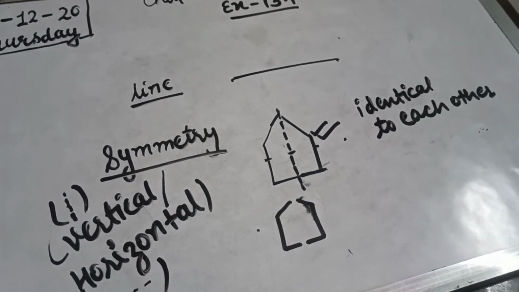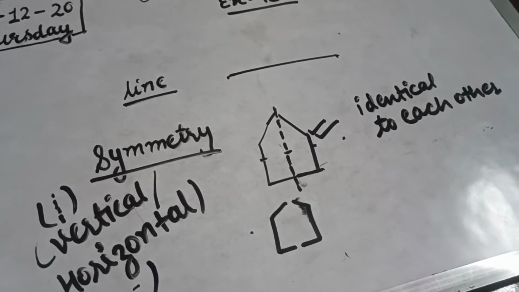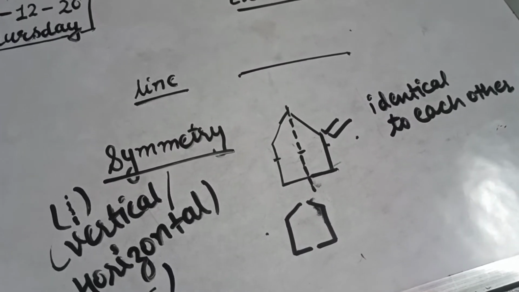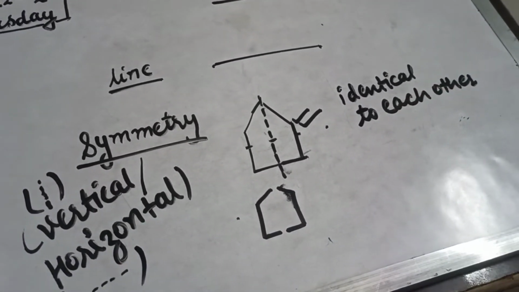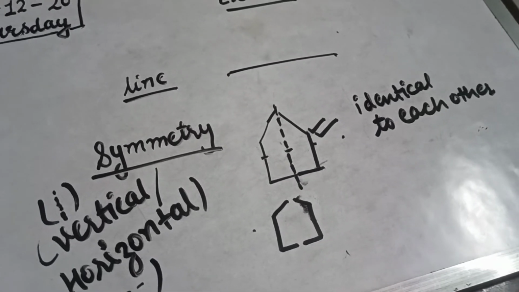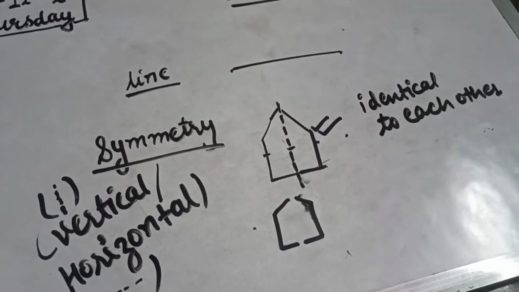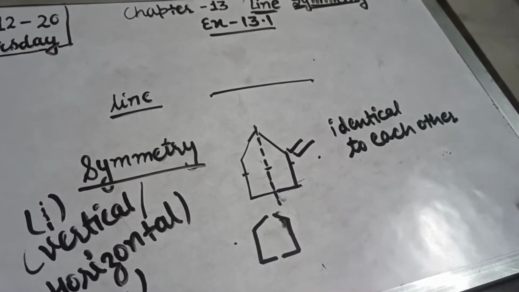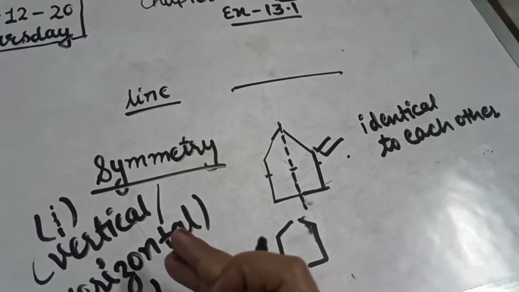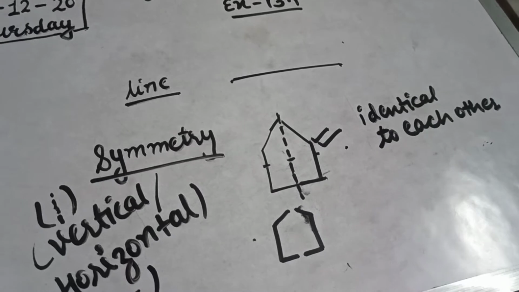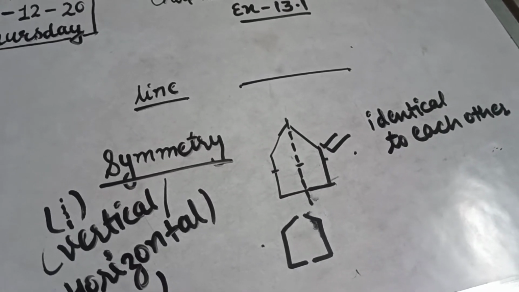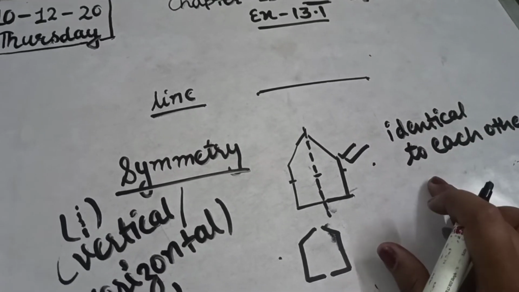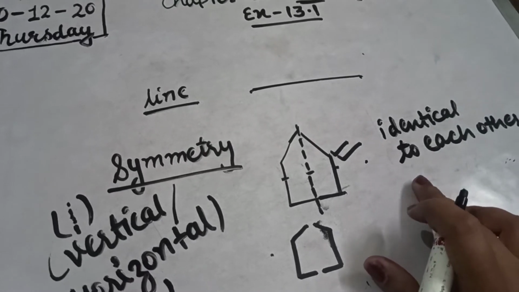So what do you mean by symmetry or symmetrical? Images or objects that can be divided into two or more parts, all of which are identical to each other, are called symmetrical in shape and size. Clear? So what is line symmetry, children? Whenever we draw a line on a figure or image, it can be vertical or horizontal. That line divides the image or the object into two equal parts, or you can say two or more parts which are identical to each other.